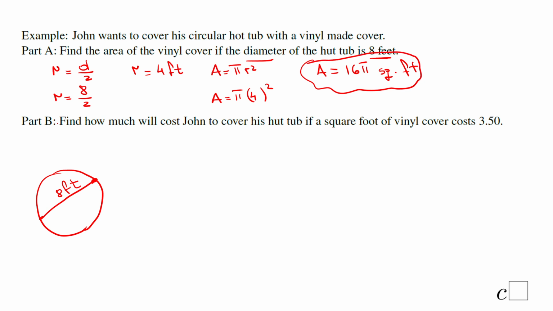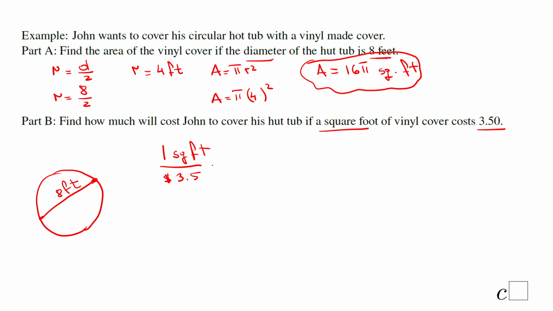Okay, so now let's take a look at part B. Find how much it will cost John to cover his hot tub if a square foot of that cover costs $3.50. So that is very important. A square foot costs $3.50 because that's probably the thing I will start with. 1 square foot of that cover costs $3.50.